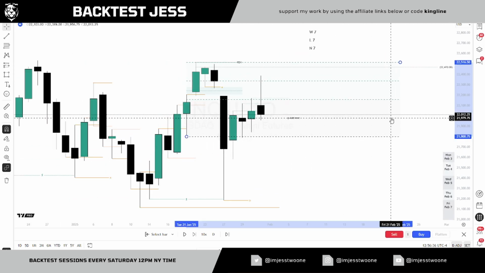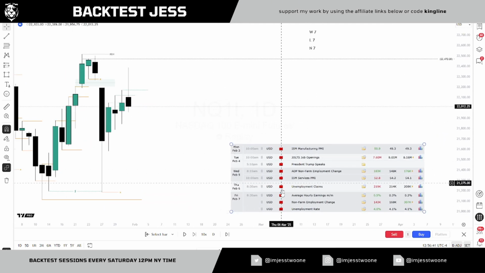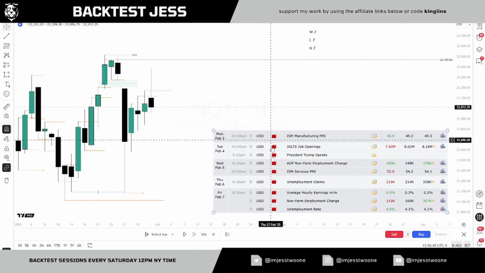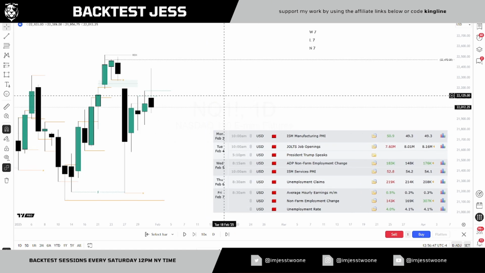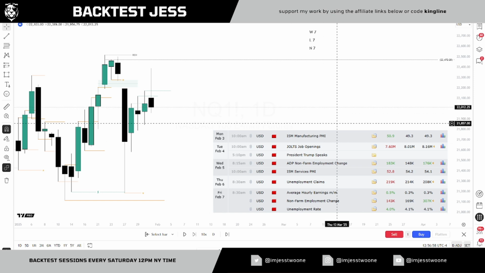So again, approaching the week with just a neutral bias and every single day having red folder news, what you can expect is that with the way the economic calendar plays out, you're not necessarily expecting the red folder news to form the high or low of the week, especially when it's occurring every single day.